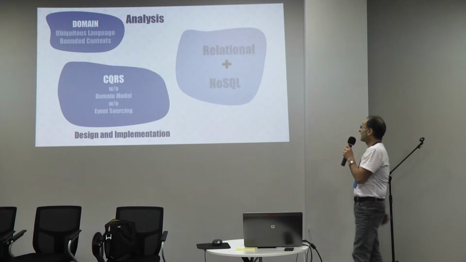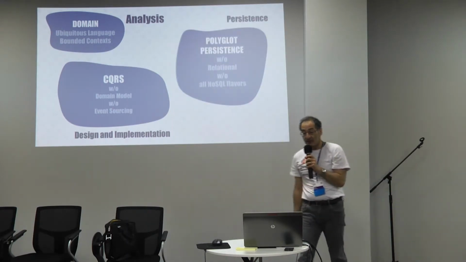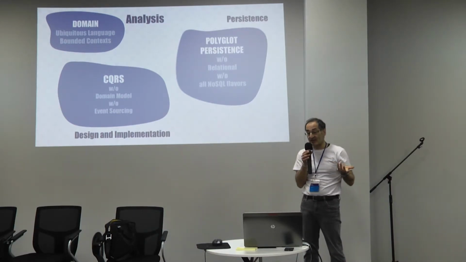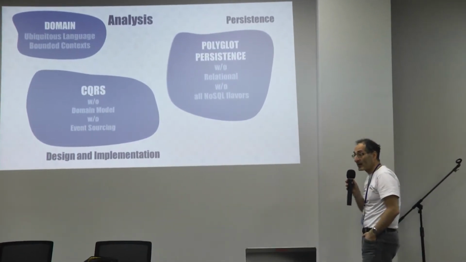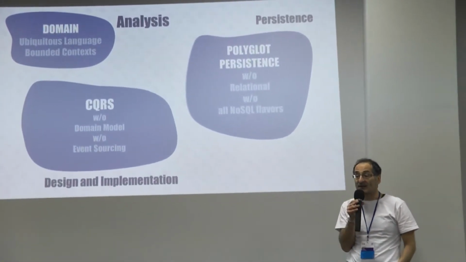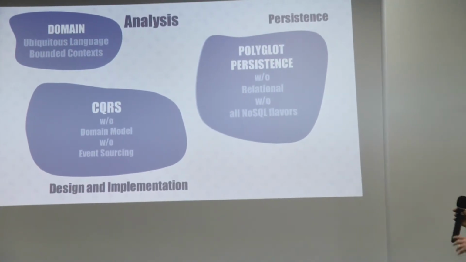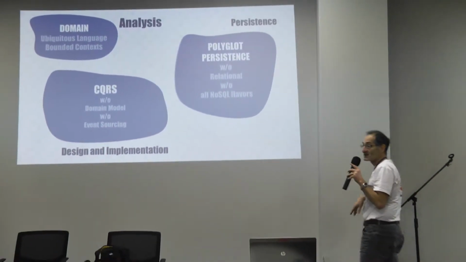The third island here, relational plus NoSQL, becomes the part that relates to persistence, and is essentially persisting data with or without relationals, with or without whatever flavor of NoSQL data store we may know. So if we look at the islands, in general we have analysis, we have design and implementation, we have persistence.